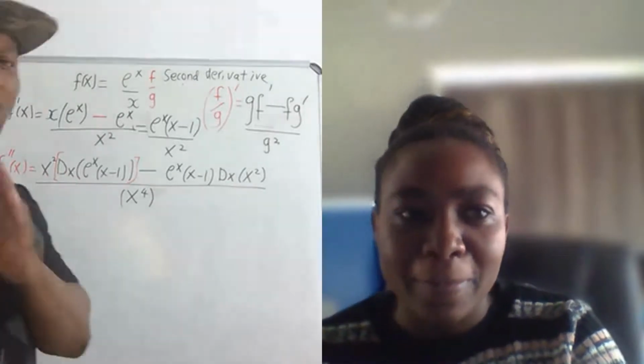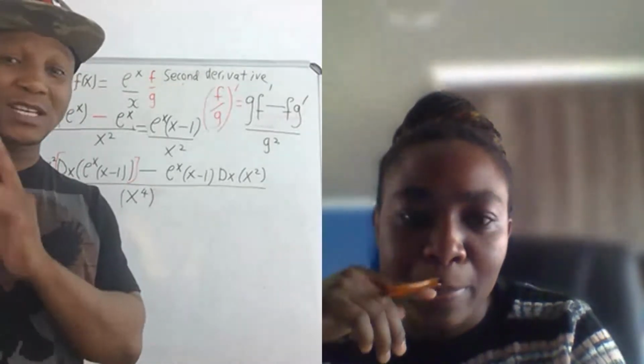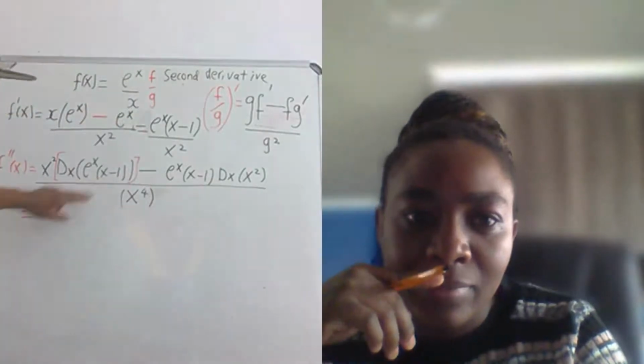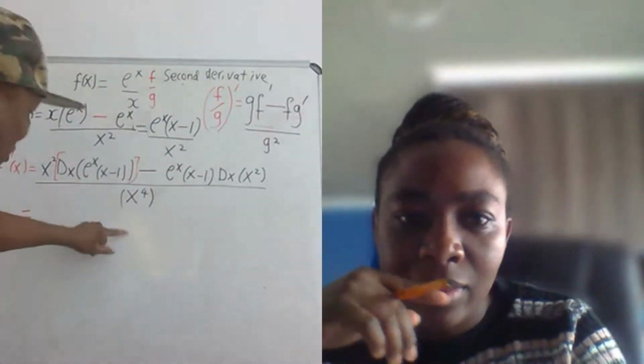But I think you should write it, so that you don't make a mistake. I would suggest you write D, okay. Write x minus 1, D of e to the x, plus.